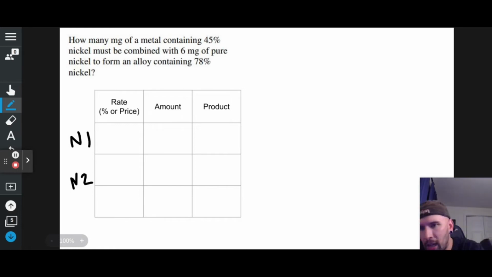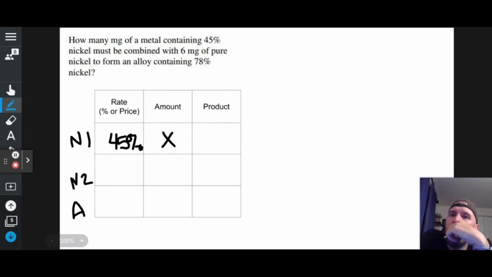And I need the alloy. Okay. How many milligrams of 45% nickel? So I don't know that. I have no clue. Must be combined with 6 milligrams, so I know you're 6, of pure nickel, which is a hundo.